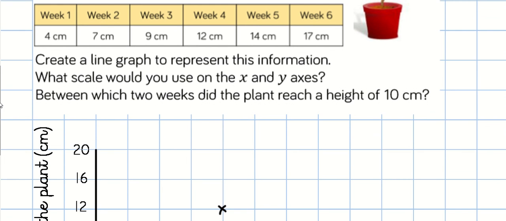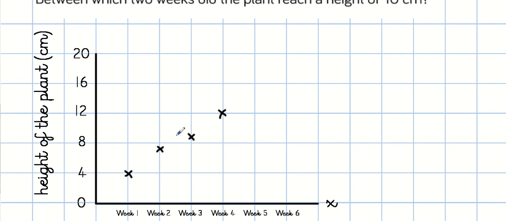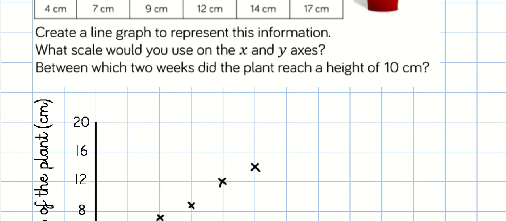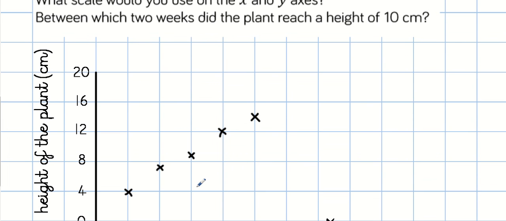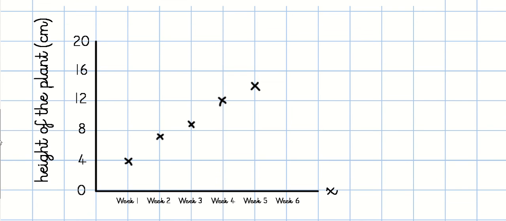And then for week 5, I got to 14 centimetres, and I know 14 is halfway between 12 and 16. And then for week 6, my plant grew to 17 centimetres. So week 6, I'm going to work my way up, and I'm going to be just above the 16.